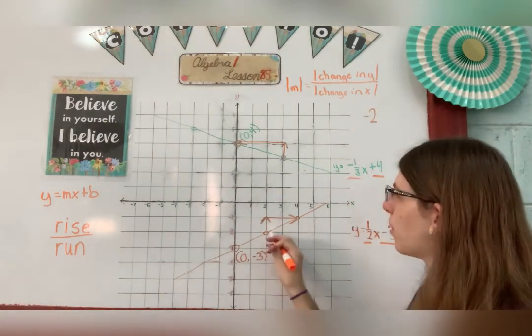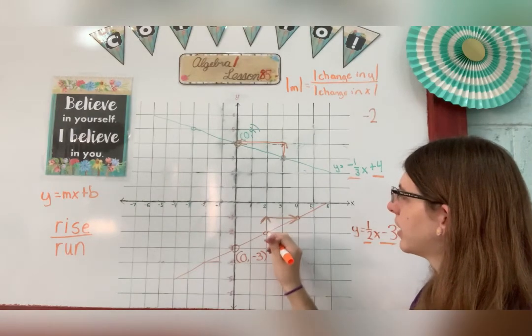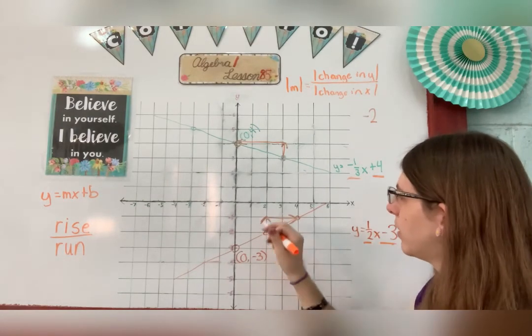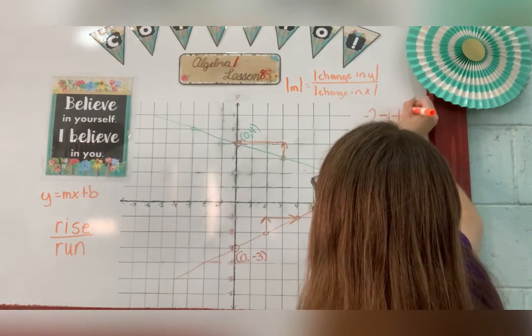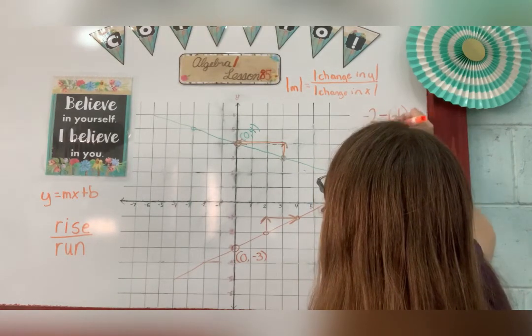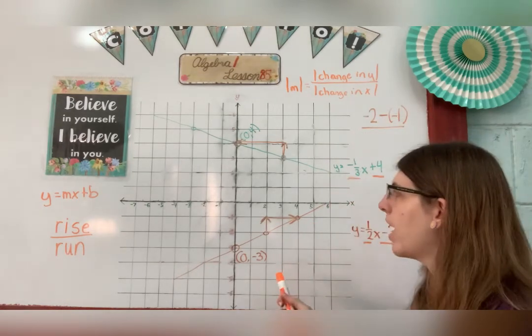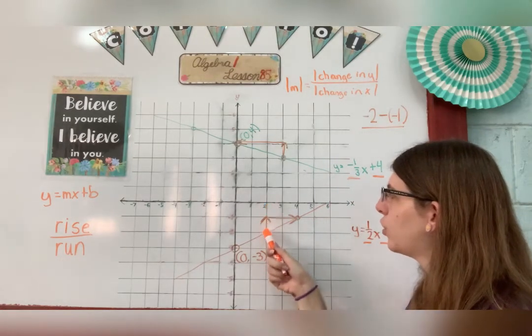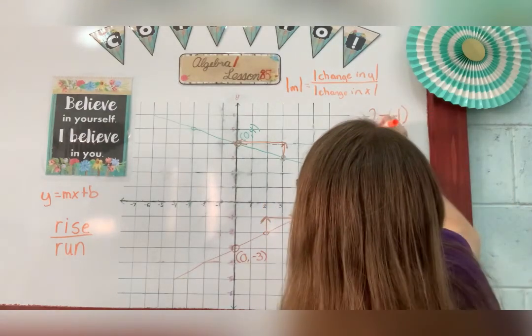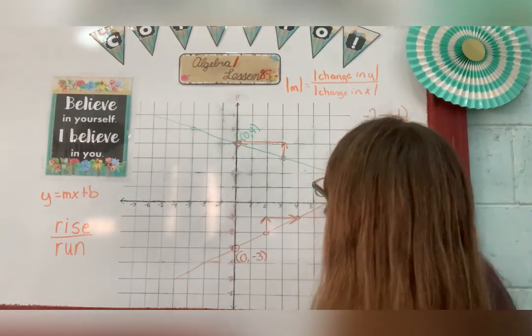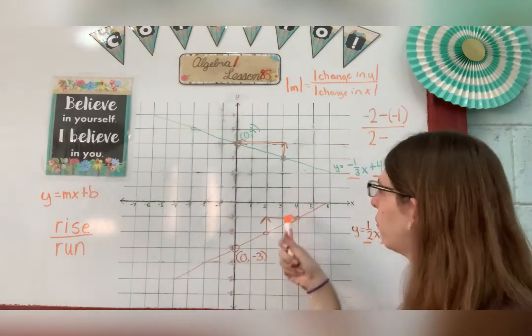My second point is at negative 1. That's how far up I went, to negative 1. So minus a negative 1. Over, my run is that I started at 2. So this point is at x equals 2. Minus, my next point is at 4.